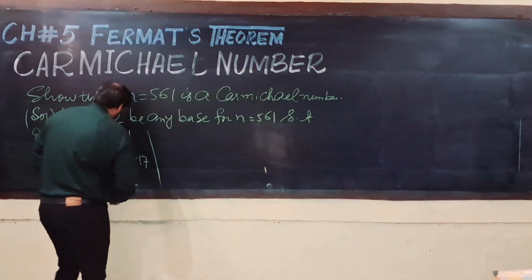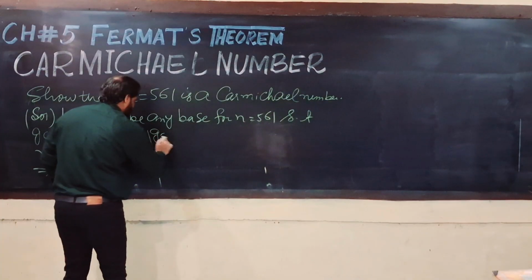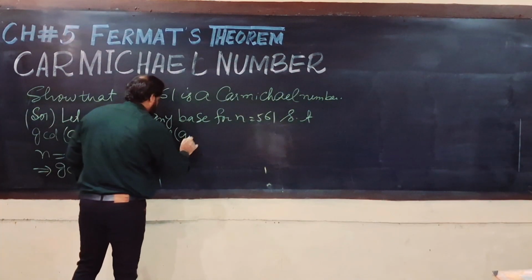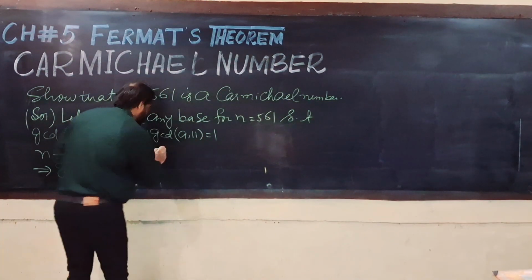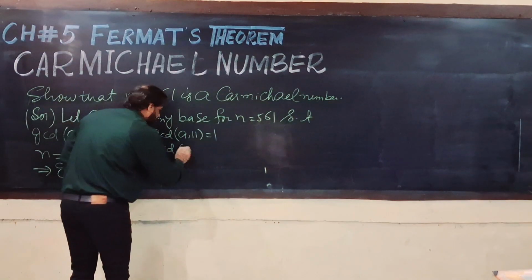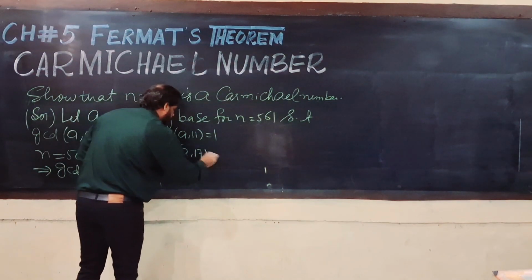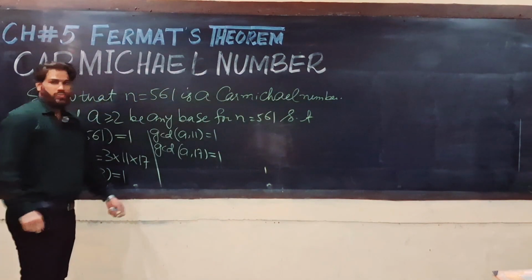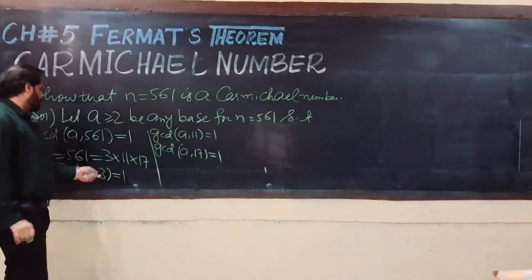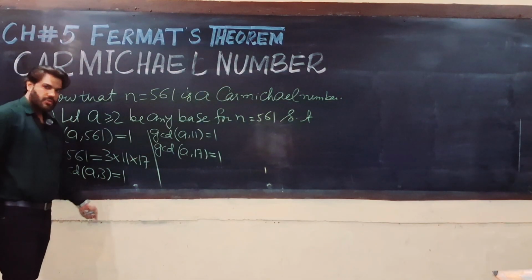Similarly, the GCD of a with 11 is also equal to 1, and the GCD of a with 17 is also equal to 1. Now I will use Fermat's theorem for all of these prime factors 3, 11, 17.